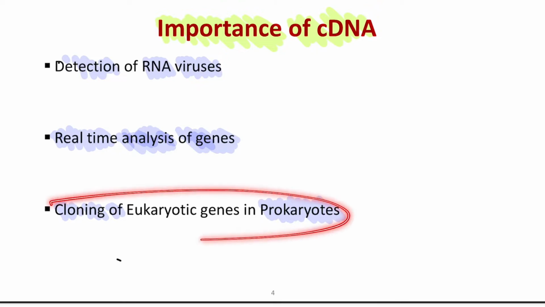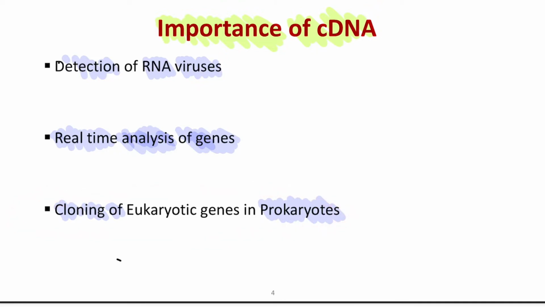And the third one is the cloning of eukaryotic genes in the prokaryotes. As we know, the prokaryotes don't have any kind of non-coding sequences in their genes, so only the exons are present in prokaryotic genes, and there are no introns. So suppose you want to clone a eukaryotic gene into the prokaryotes. First you have to make sure that the gene doesn't have any introns.